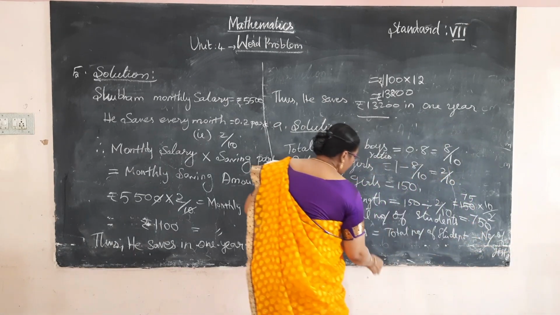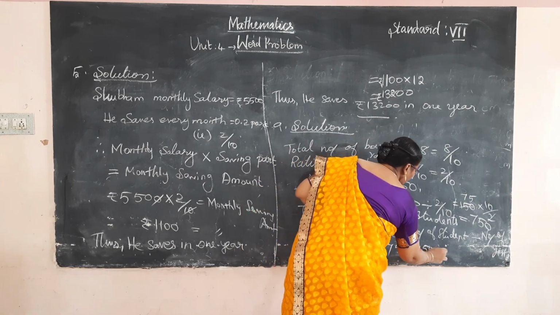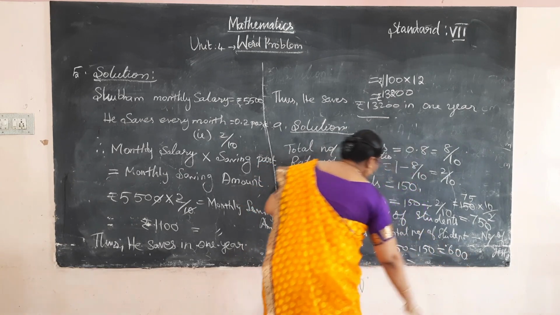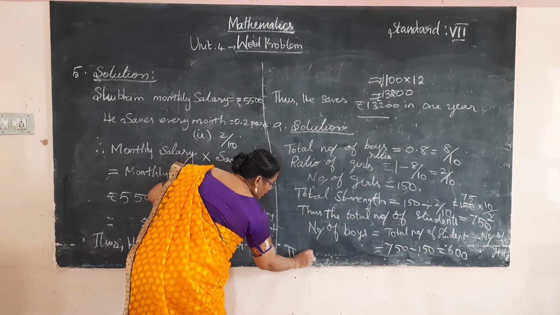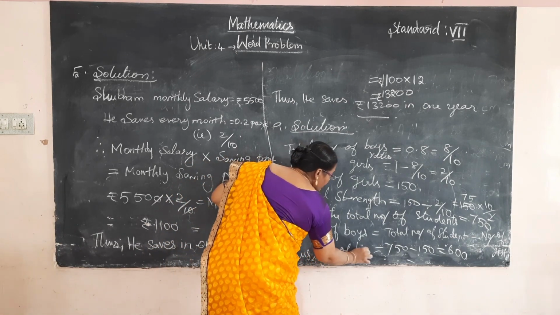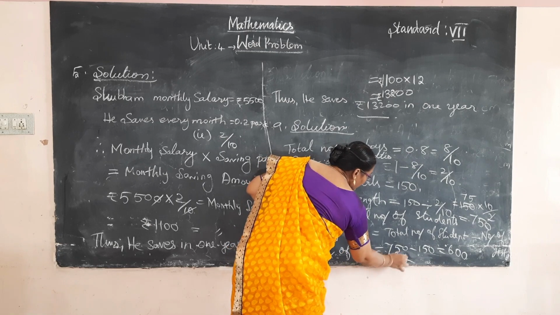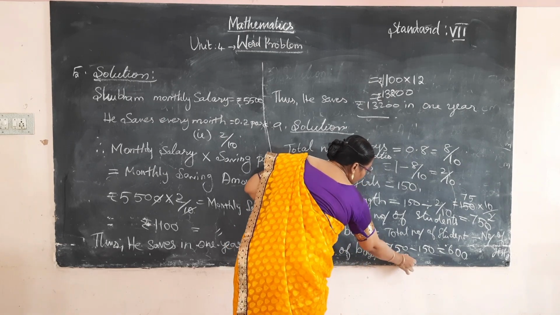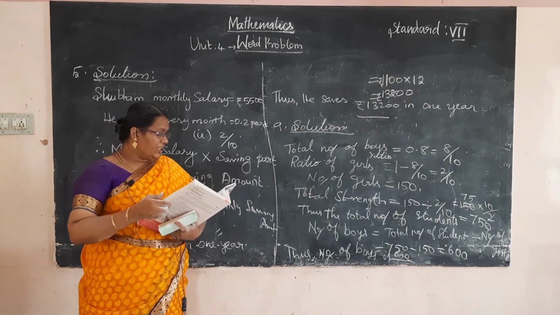So 750 minus 150 is equal to 600. Thus the number of boys is 600. Okay, that's it.